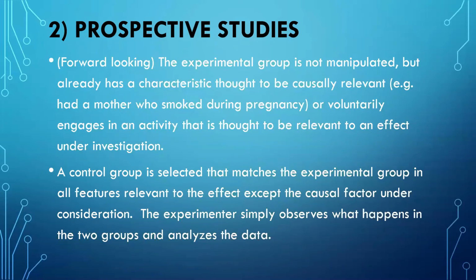And the experimenter simply observes what happens in the two groups and then analyzes the data. So there is no manipulation, it's just people living their lives as they normally would. The advantage here is that you could do this on humans without that ethical and legal concern that we mentioned with randomized experimental studies.